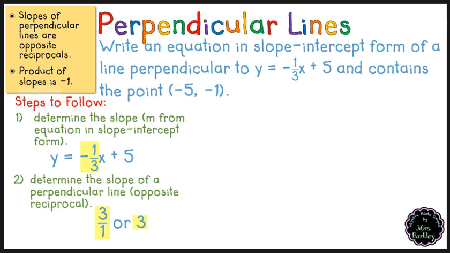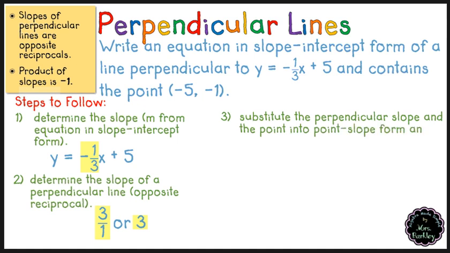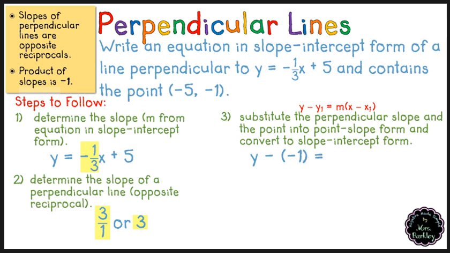We're going to take that slope and substitute it into point slope form and then convert that equation into slope-intercept form. In point slope form, our equation would be y minus negative 1 equals 3, in parentheses x minus negative 5.